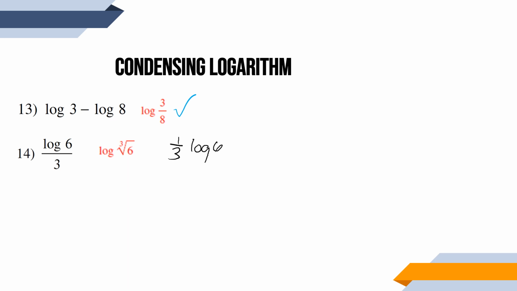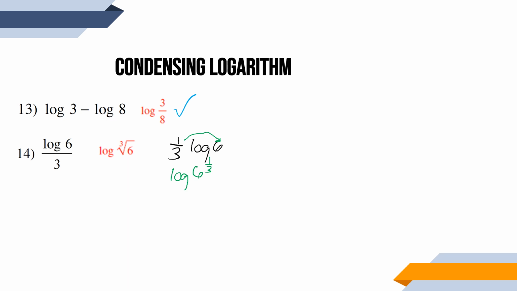Based from our power rule earlier, if we're going to do the reverse, we are going to write it here as our exponent. So what will happen is we have log of 6 exponent 1 third. And then what is 6 raised to 1 third?